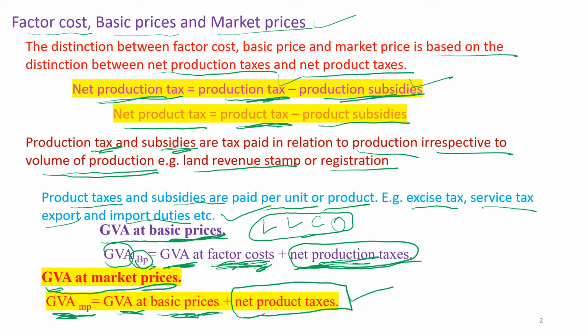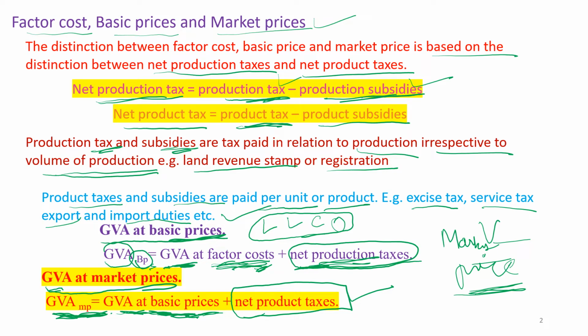When you add net product taxes to gross value added at basic prices, you get market price. That means market price is nothing but the value of goods in the market. Whatever price you pay in the market, we call it market price.